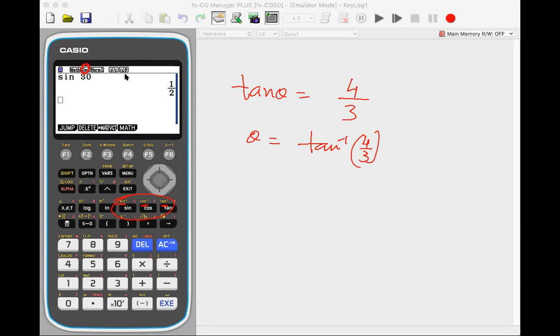You can see that, whether it is GDC or the normal scientific, you will see a D or R option on the scientific calculator as well. So make sure your calculator is in degree mode if you're doing the calculations in degrees. Radian is something you'll understand more clearly in the later part of trigonometry. So right now I'm keeping the calculator in degree mode.